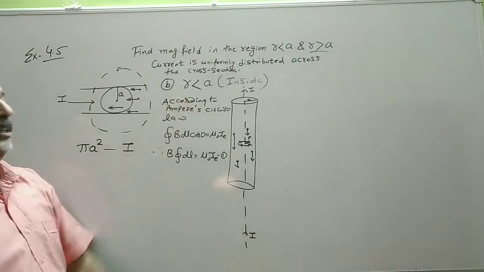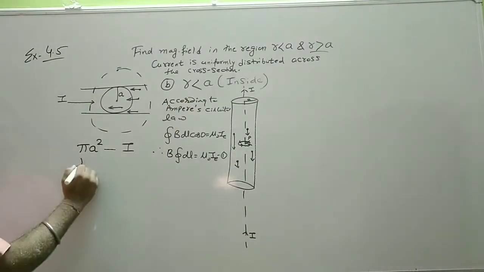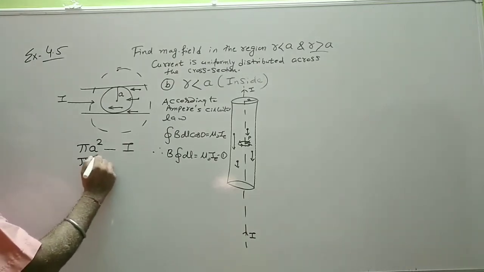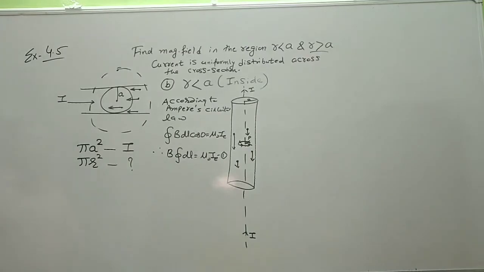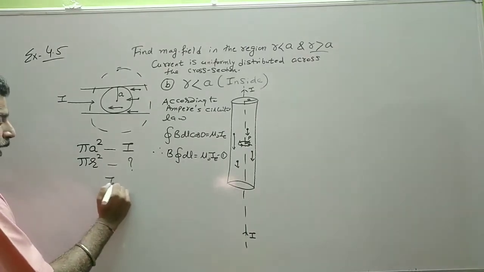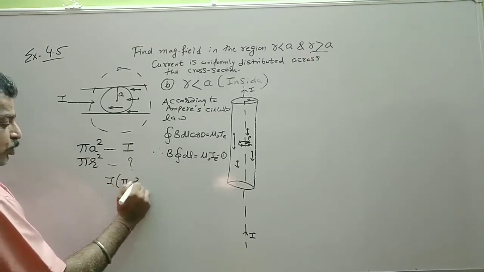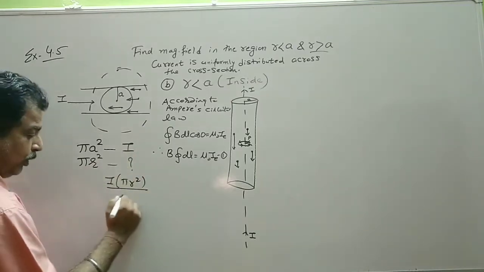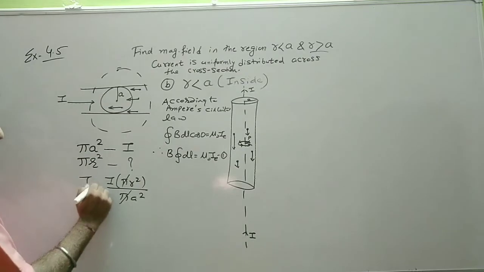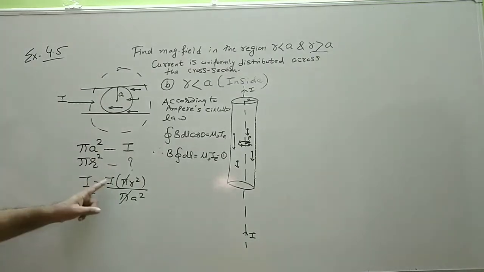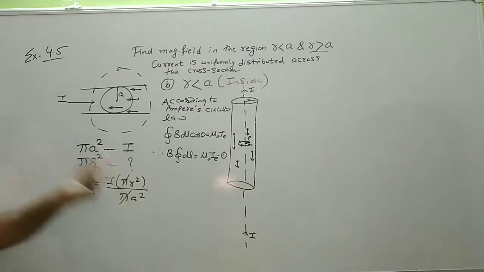So the area of the Amperian loop is pi r square. So how much current is passing through it? It comes out to be I pi r square upon pi a square. Pi is cancelled. So this much current is passing through it, that is I r square upon a square.